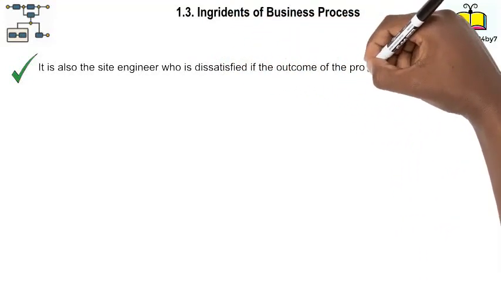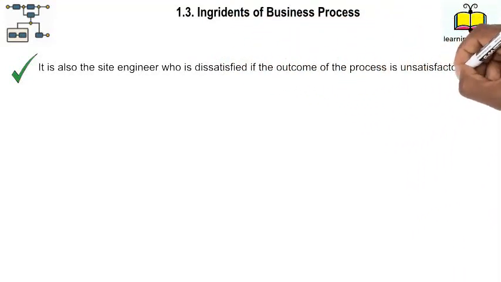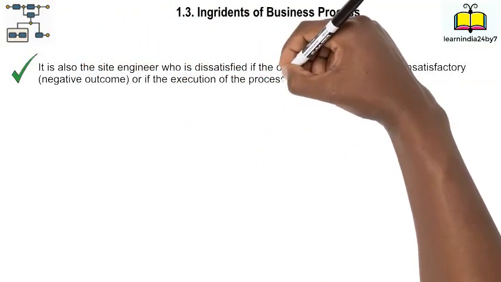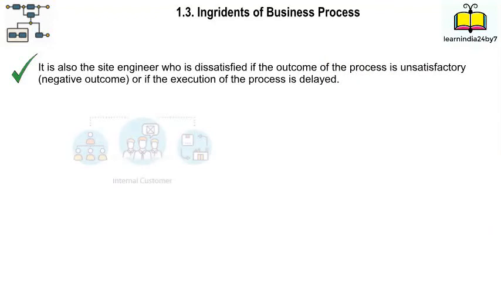It is also the site engineer who is dissatisfied if the outcome of the process is not up to the mark, or if the execution of the business process is delayed.